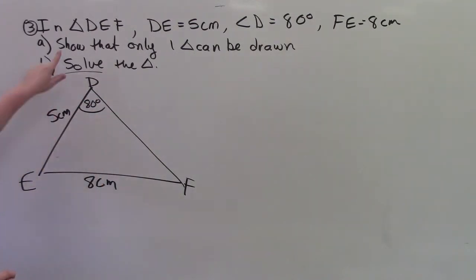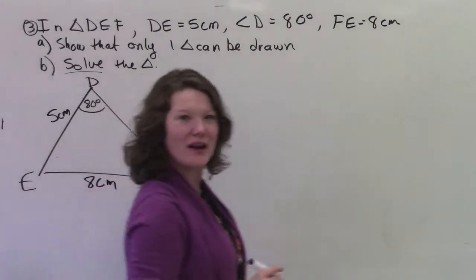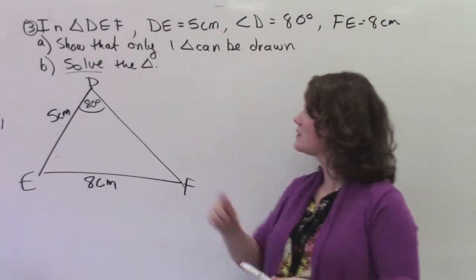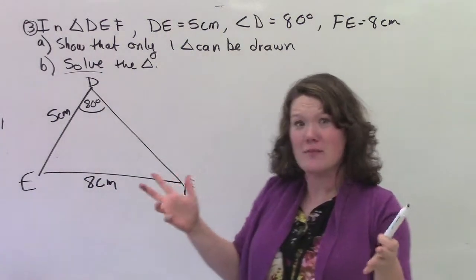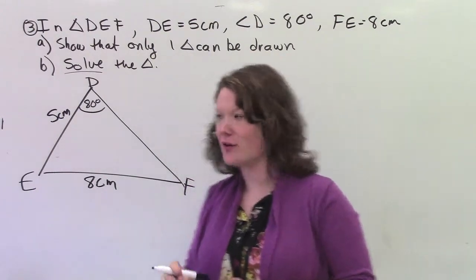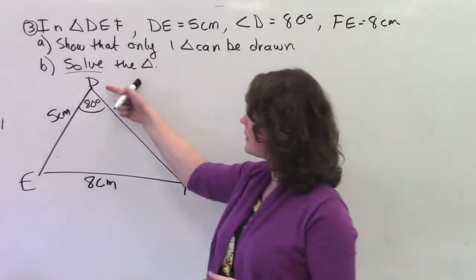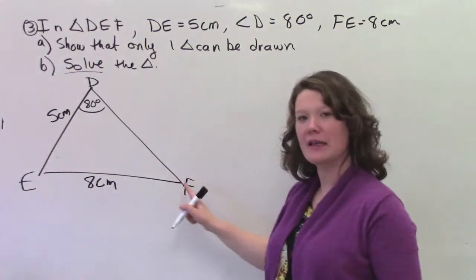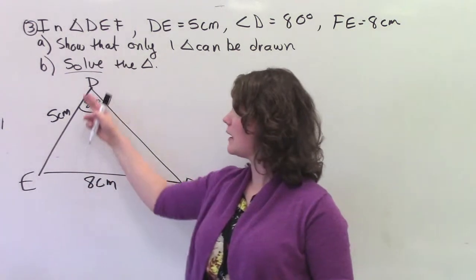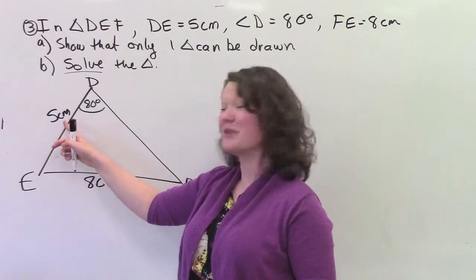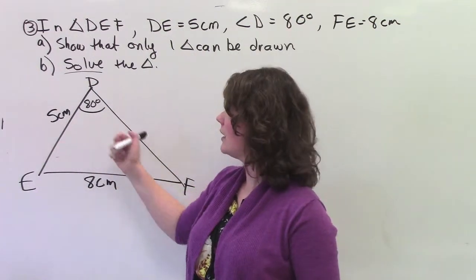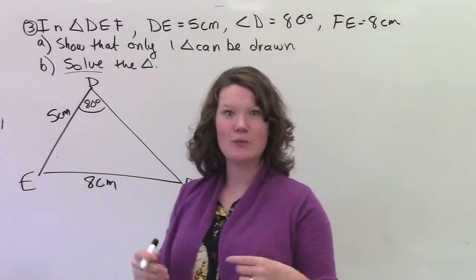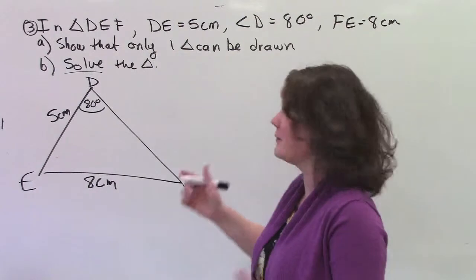So first things first, we need to show that only one triangle can be drawn. That's one of the don't-worry-about-it checklist that I gave you in the intro. Now I said that if the side that's opposite the angle given divided by the side beside the angle given is greater than 1, then we don't have to worry about that ambiguous case.